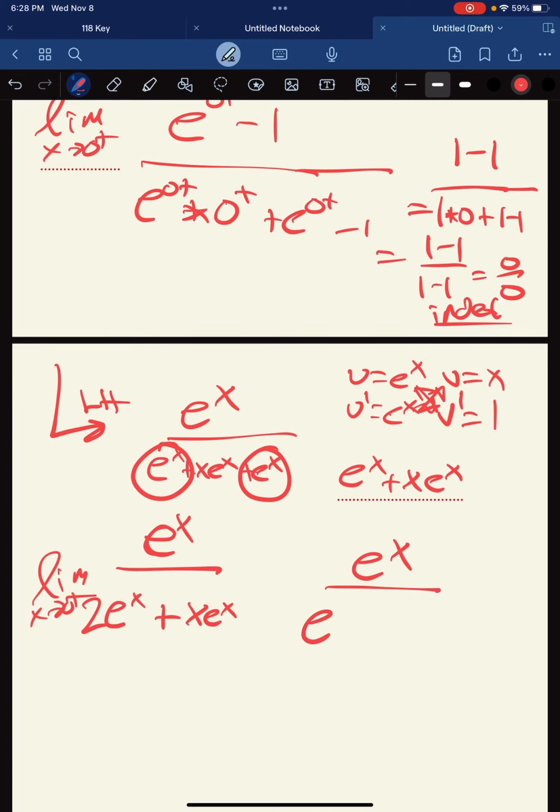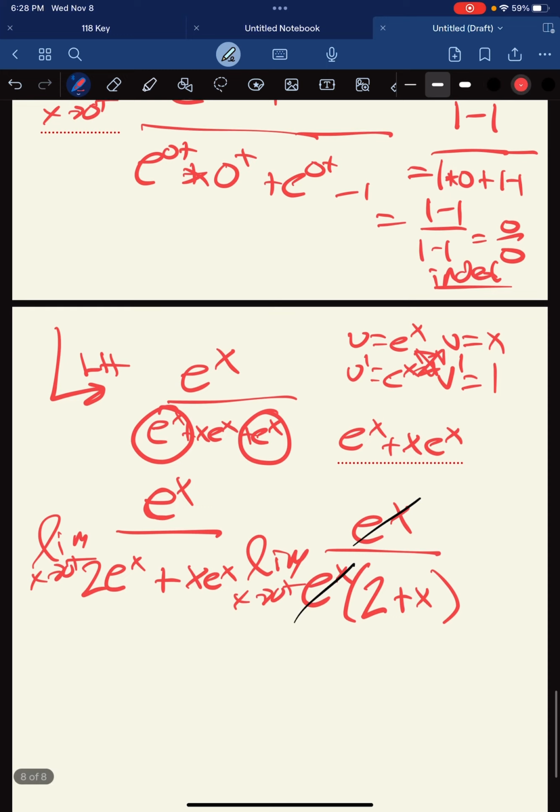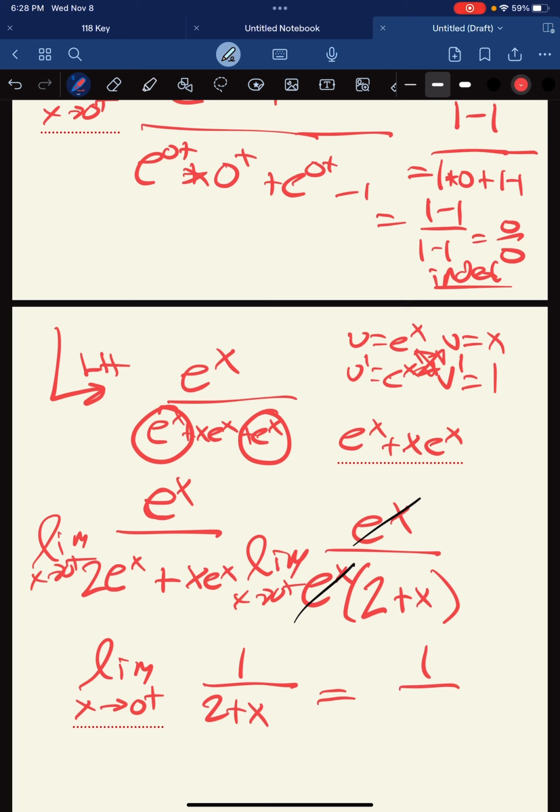In the denominator, we get e to the x times 2 plus x. We're just factoring out e to the x. And then the e to the x in the numerator cancels with the e to the x in the denominator, and we are left with the limit as x approaches 0 from the right of 1 over 2 plus x, which we can just use direct substitution on, and we get 1 over 2 plus 0, which equals 1/2. So our answer is 1/2.